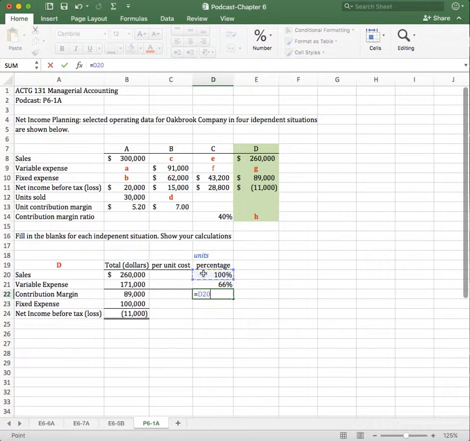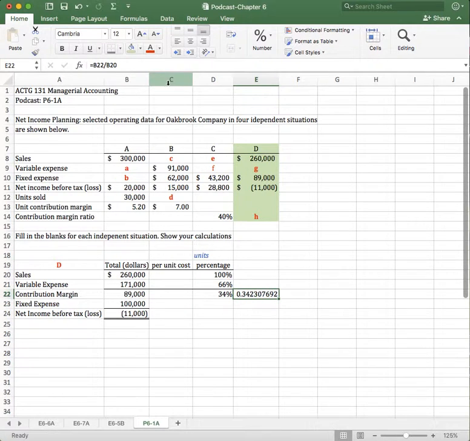We can take the 100% less the 66%, which would result in 34%, or we can take the $89,000 and divide it by $260. So as you can see, there's a little bit of rounding going on, but when we turn it into a percentage, it equals 34%.